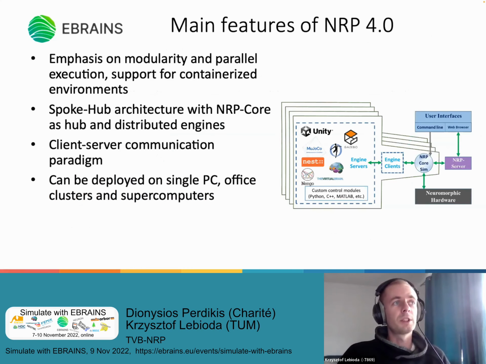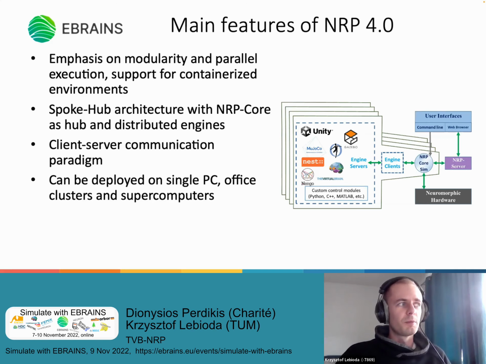So the main features of NRP version 4.0, which is the latest version, currently being released. This version of NRP emphasizes modularity and parallel execution, and it provides support for containerized environments in which different modules of NRP can work. The modules are arranged in a spoke-hub architecture with a so-called NRP core as the hub and distributed engines or simulators.